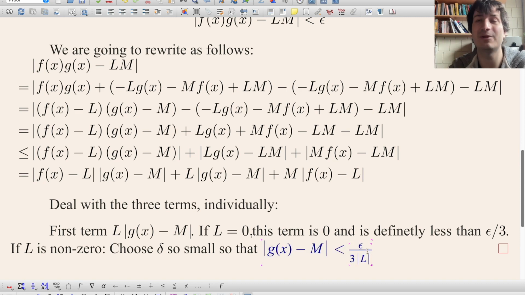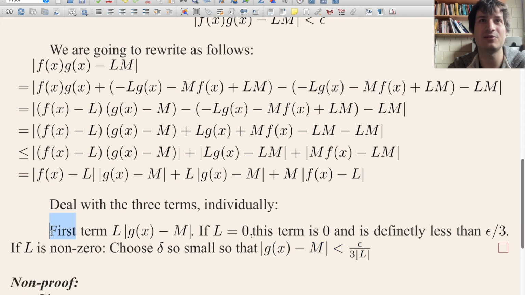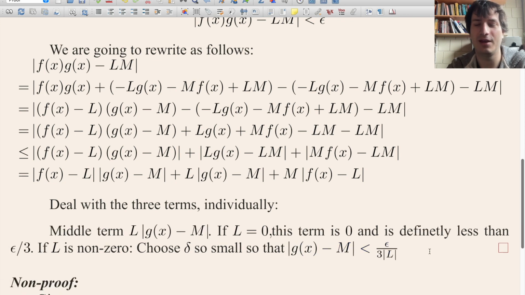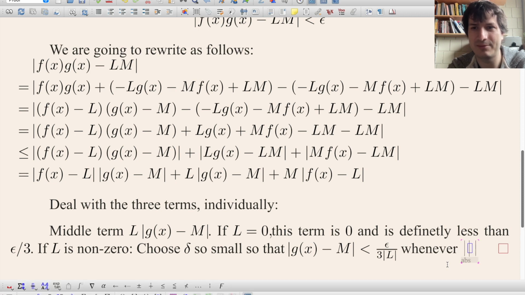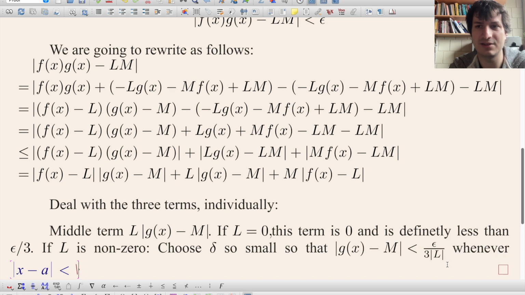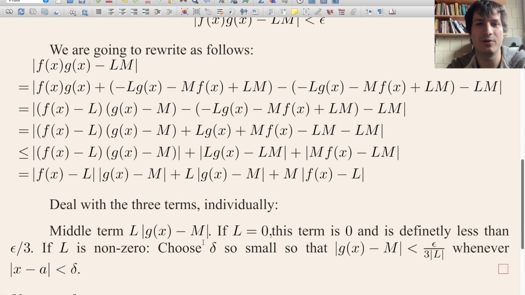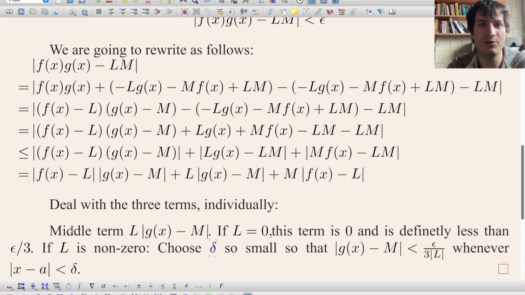And now there's no dividing by 0, nothing like that. So we want g of x minus m less than epsilon over 3L whenever absolute value of x minus a is less than delta.